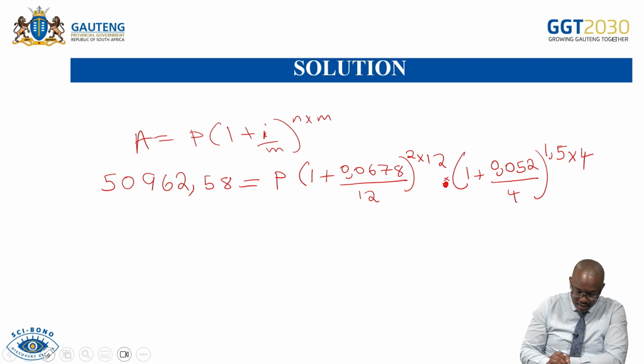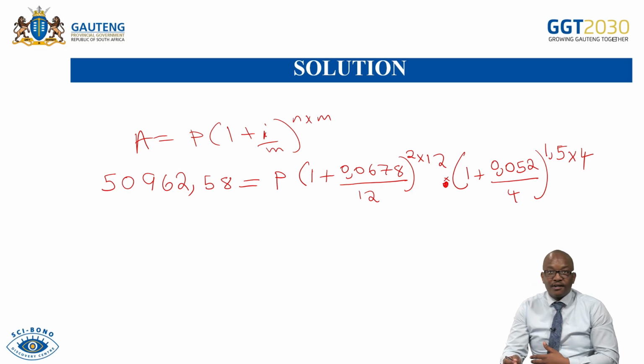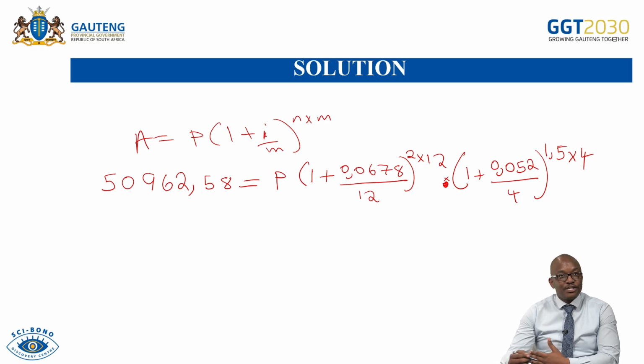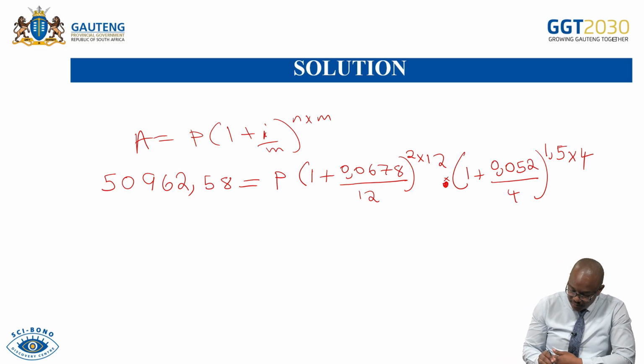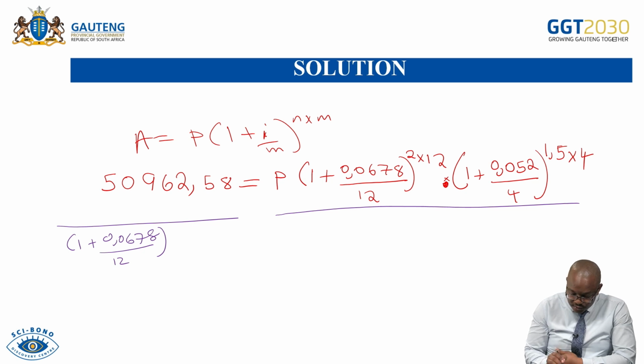We need to calculate the value of P. And calculating the value of P is the simplest mathematical operation ever. You know that where there is multiplication, you just deal with division. It means I will divide both sides by 1 plus 0.0678 all over 12. And if you say 2 times 12, it will give you 24.